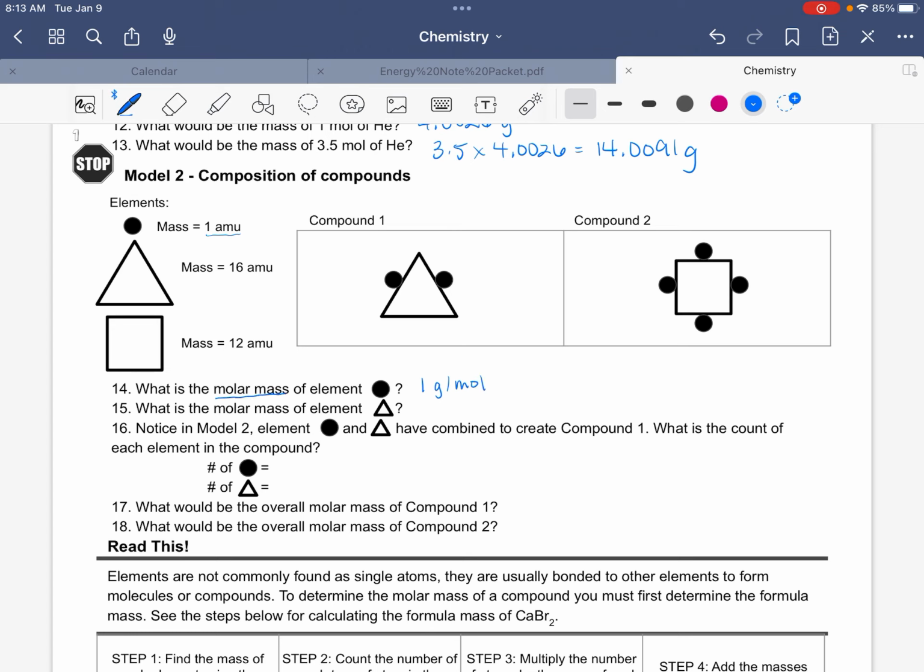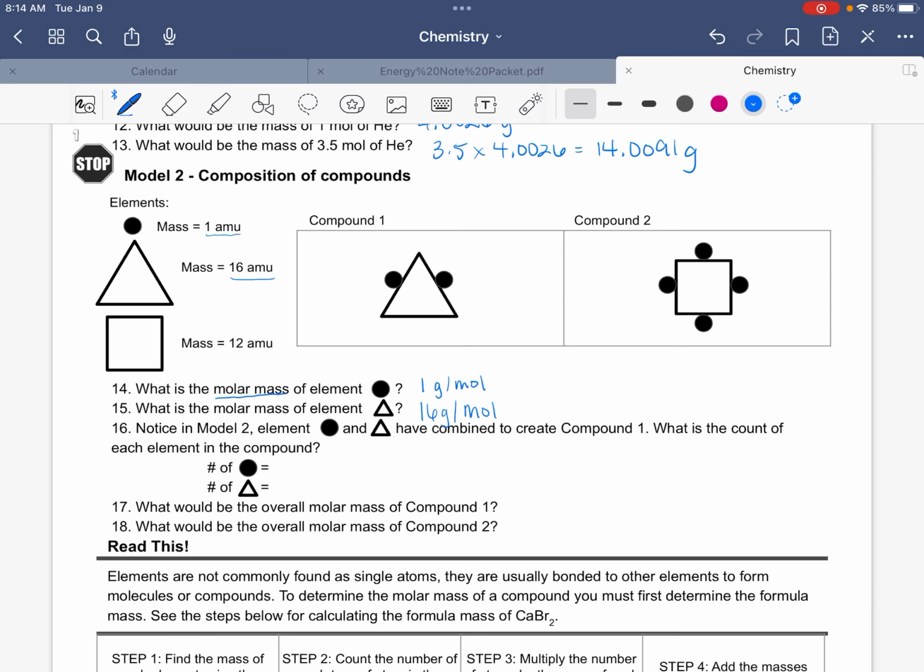Remember that the unit for molar mass is grams per mole. For number 15, what is the molar mass of element triangle? Since 1 has a mass of 16 AMU, if we scale that up to a single mole, we would have 16 grams per 1 mole of our substance, the triangle.